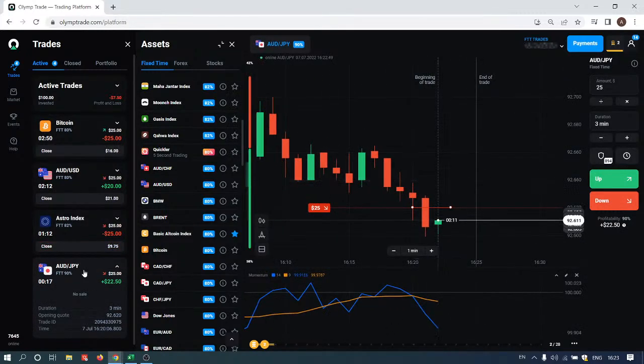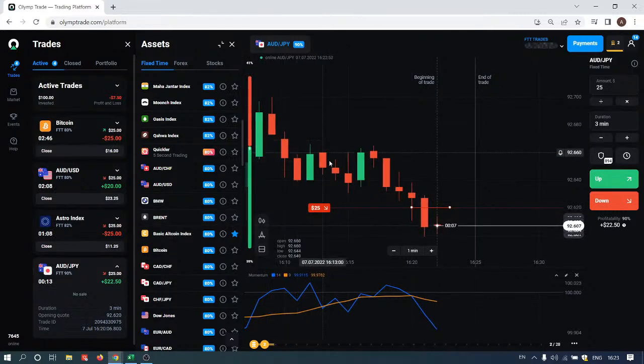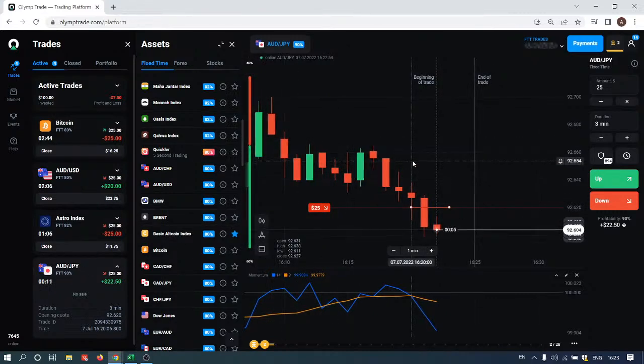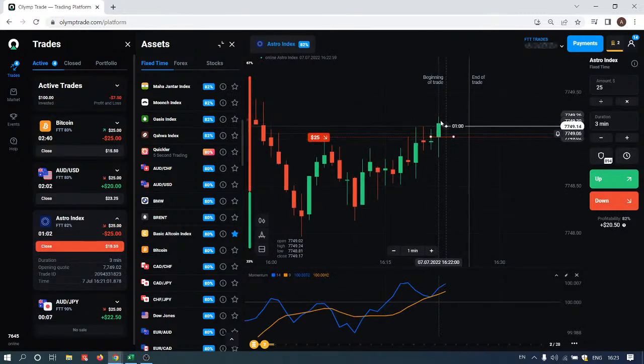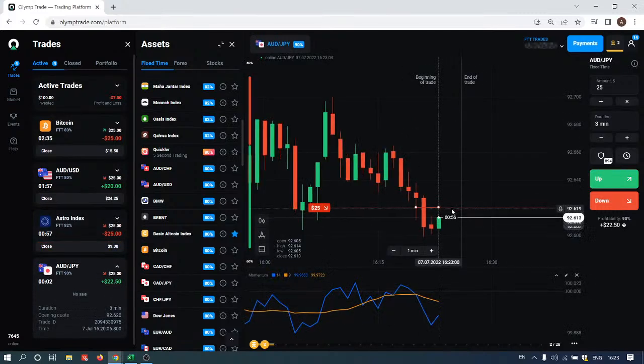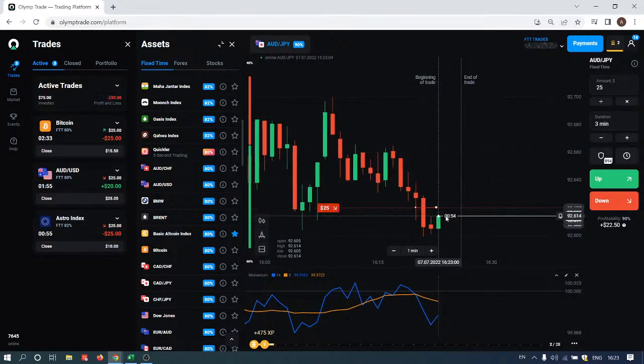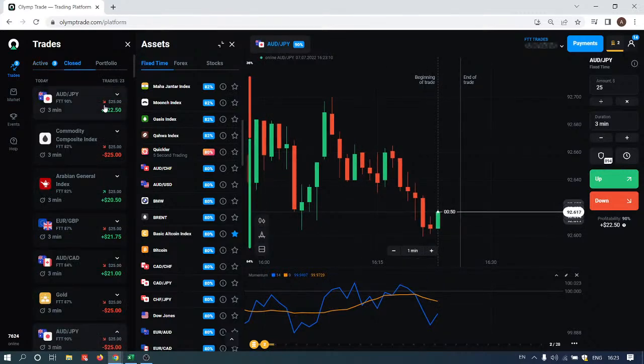So AUDJPY will close in 15 seconds, so we can see how it all goes. So the Astro index. All right, so this trade, another trade closes with a profit.